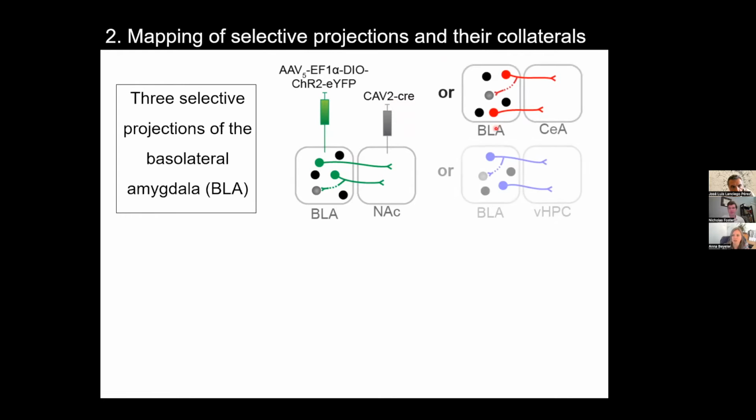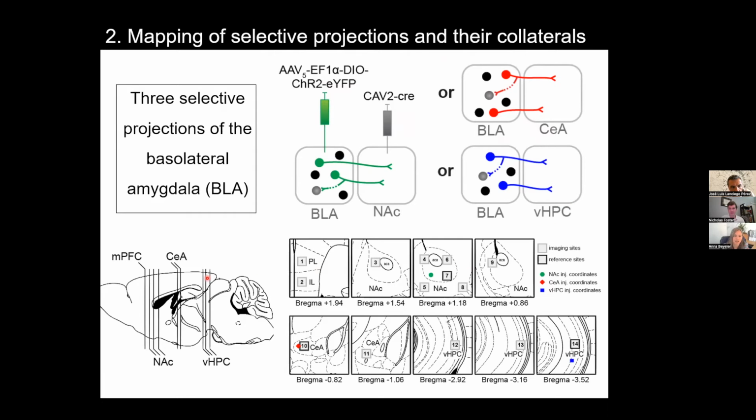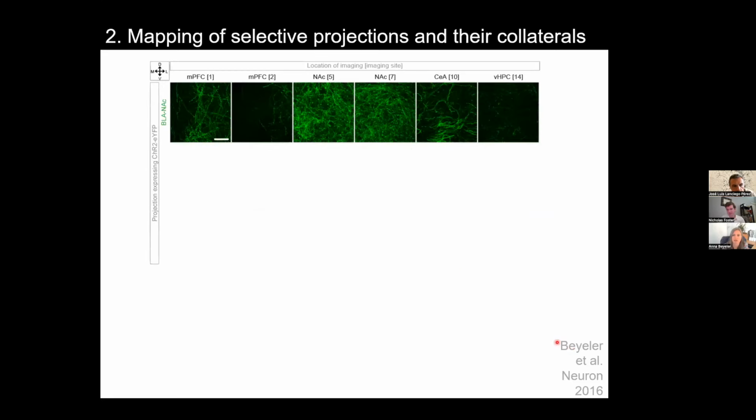We did that for different projections to the central amygdala and the ventral hippocampus as well. Again, after 6 weeks of expression, we sliced the brain in coronal sections and made confocal images in 14 brain targets. Here are some example images, and you can see that for the projection from the BLA to the nucleus accumbens, the densest projection is indeed in the nucleus accumbens, which is what we expected.